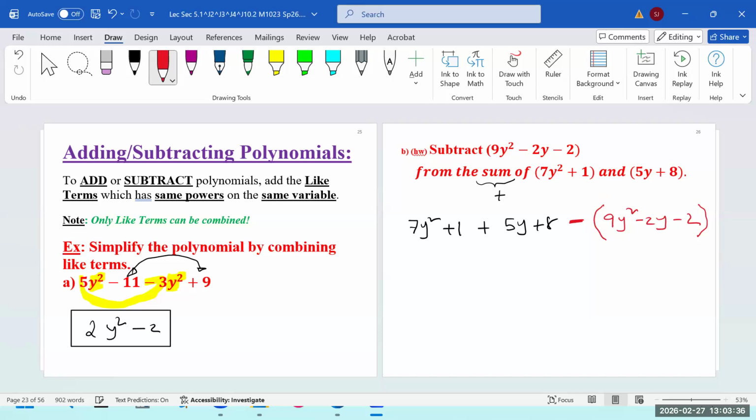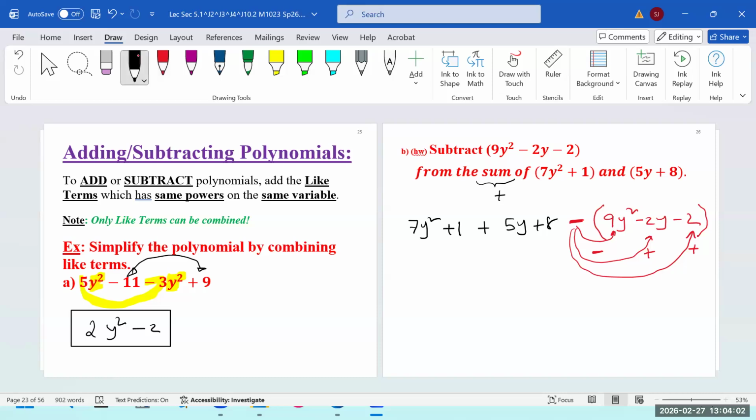So 9y squared is positive, but it will turn into negative. Then we have negative 2y, but it will turn into positive 2y. Then we have negative 2, it will turn into positive 2. So every subtraction changed the sign.